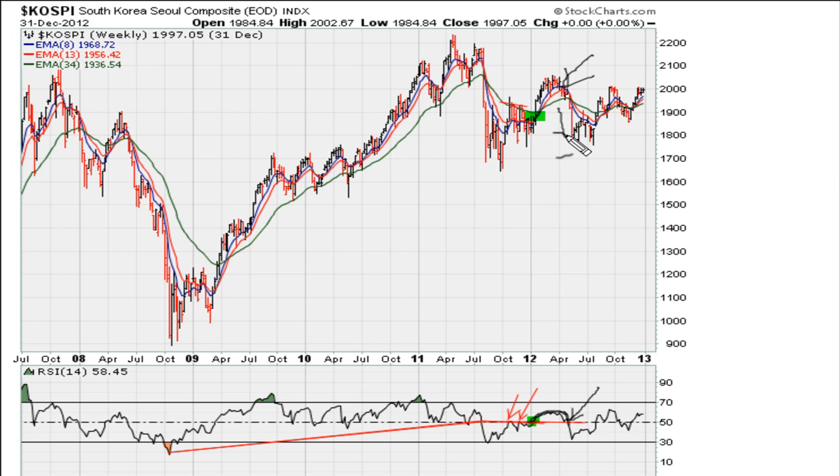If you had known that, you would have been out of the market during this plunge, and so on. And recently there's another short-term sell. So off this high here, you can use that information. This is the RSI break there, and a secondary sell signal.